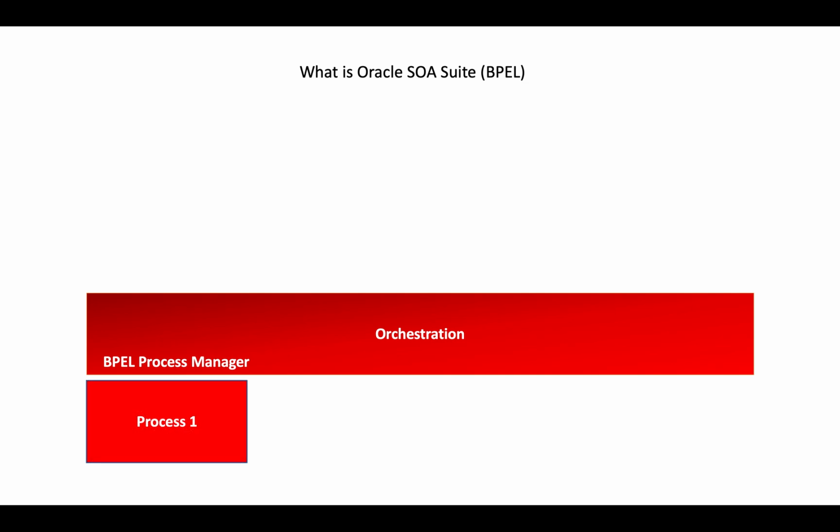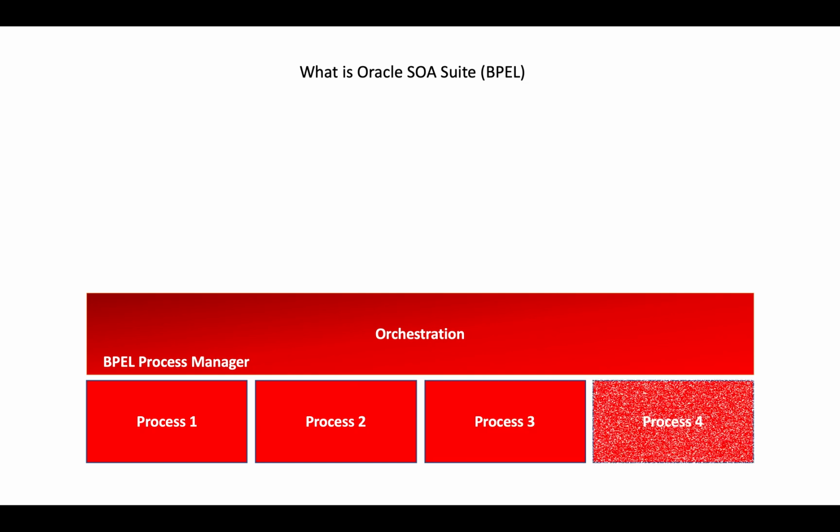For example, you have process 1, process 2, process 3 and 4. The BPEL manager is going to be responsible for orchestrating between these processes, a specific rule of your business. And then after orchestrating and running these processes in order, it completes the process and sends the final message to the customer.